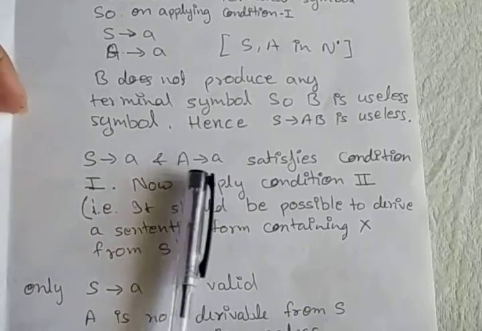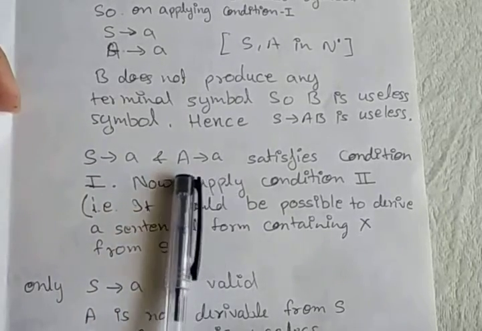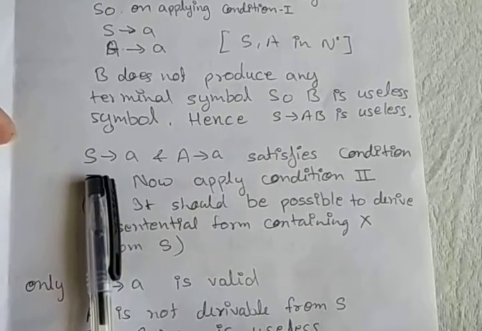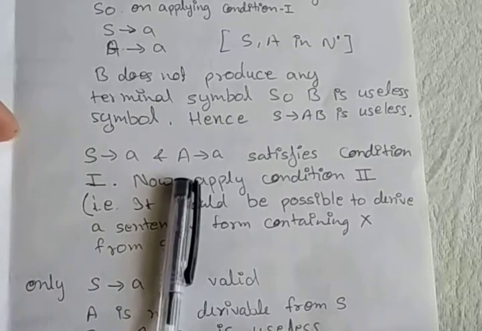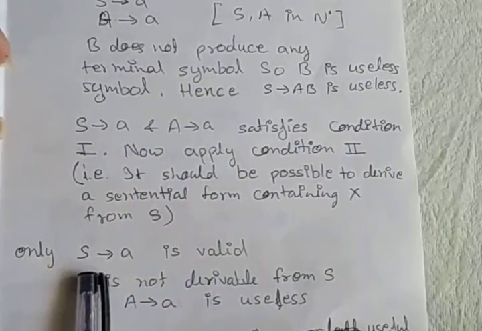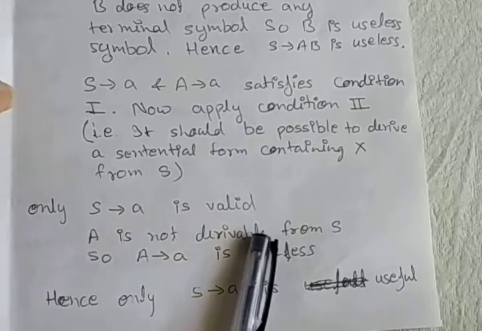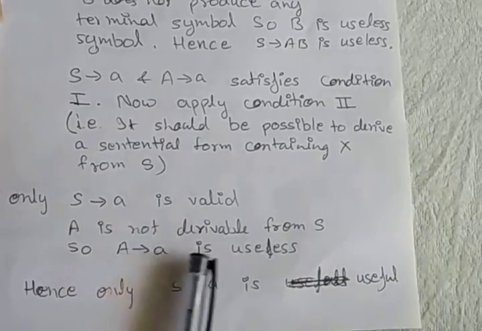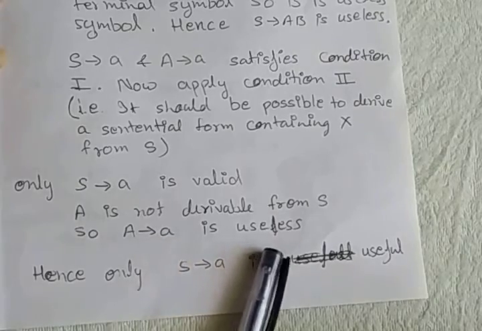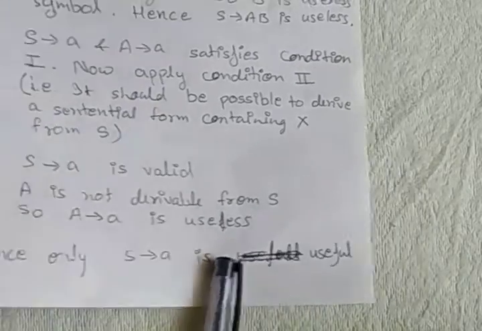Now take this one. This is S tends to A. Now here A is not derivable from S. So now A becomes useless symbol. Fine. So only S tends to A is the valid rule in the grammar, and A tends to A will become useless.